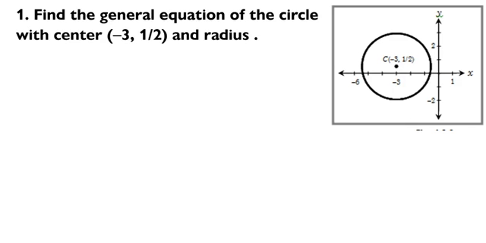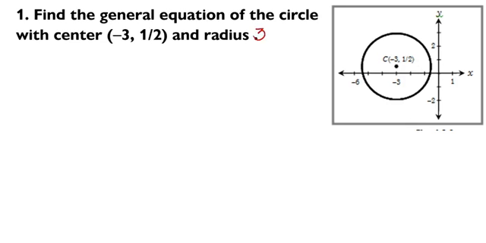What we're given are the conditions, and then we have to determine the equation of the circle. So in here, find the general equation of the circle with center negative 3 and 1/2. And you're not given radius. So let's just say, since we're not given any radius here, let's just say radius is 3.